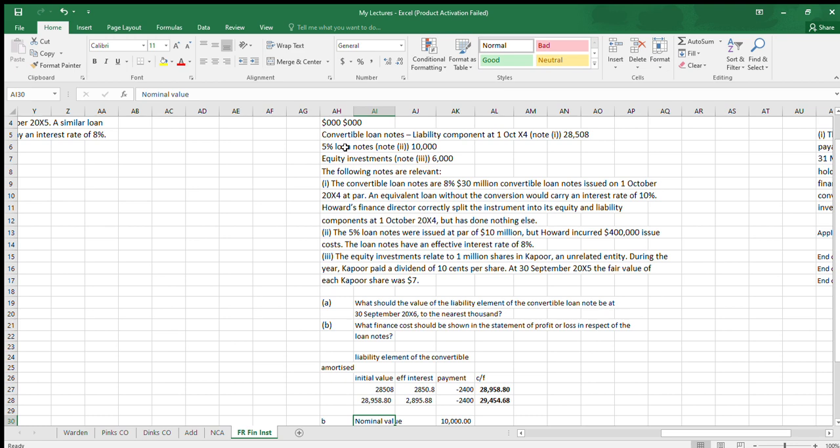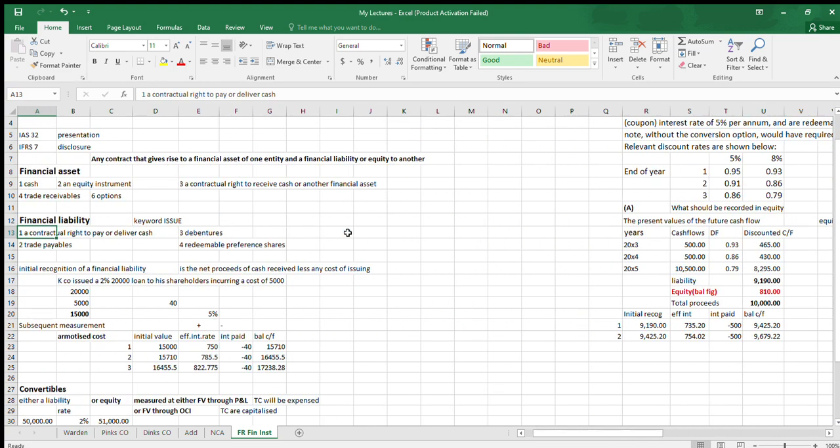The question is talking about your 5% loan note, note II. The 5% loan notes were issued at par of 10 million. That's your nominal value. But Howard incurred 400,000 issue cost. Initial recognition of financial liabilities: the net proceeds of cash received, less any cost of issuing.